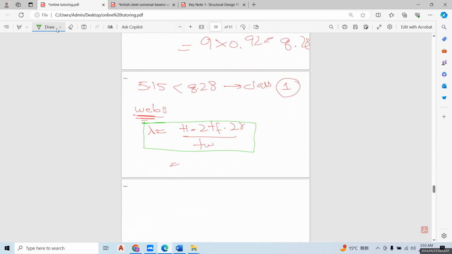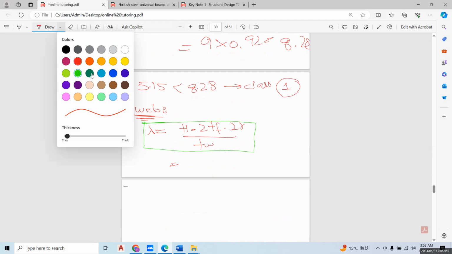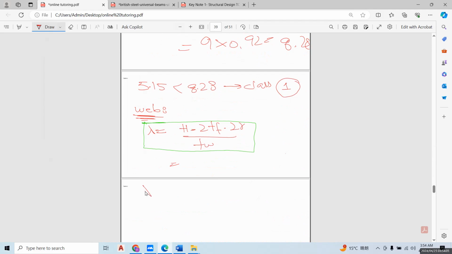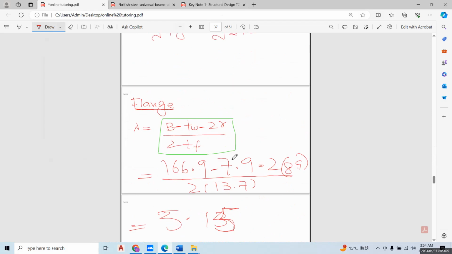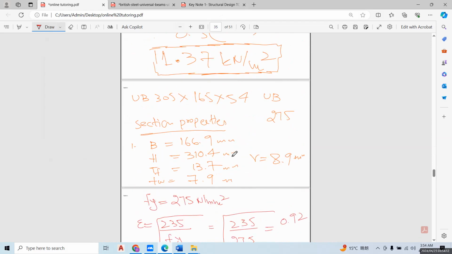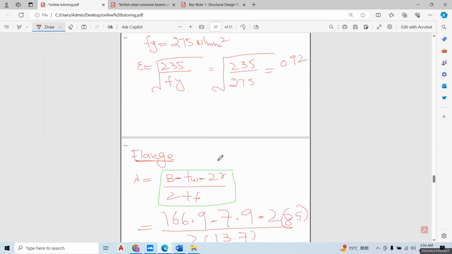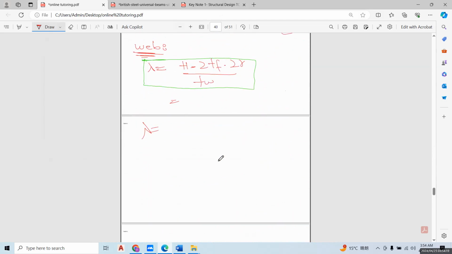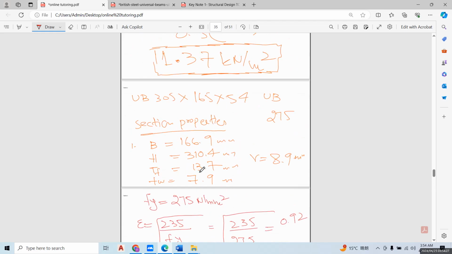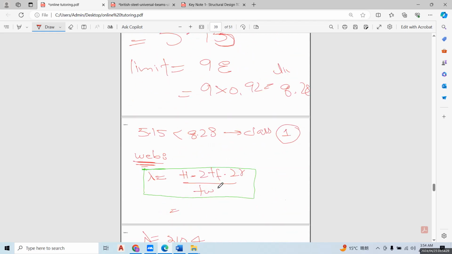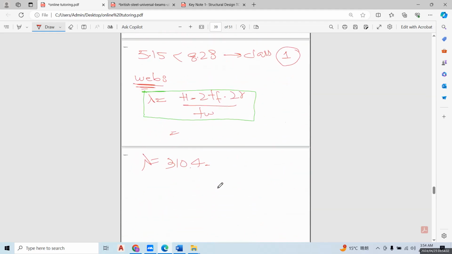Okay, let me change the color. So what is the value of lambda? What is the height? Height is 310.4 minus 2 times thickness of flanges.